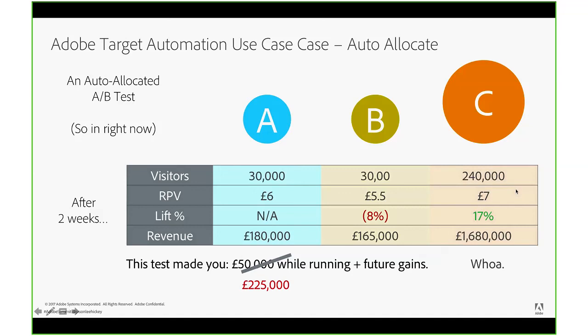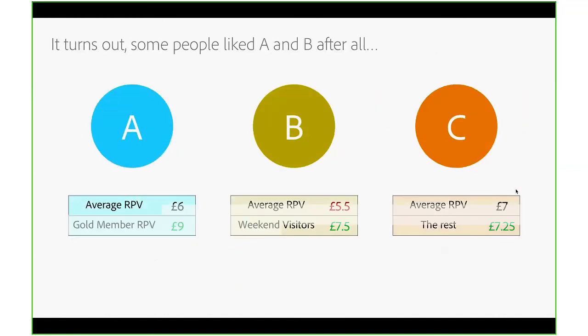By stepping this on once more, we might find that high value business customers, people who arrive at the weekend, or everybody else, prefer different types of content as they move around the website.